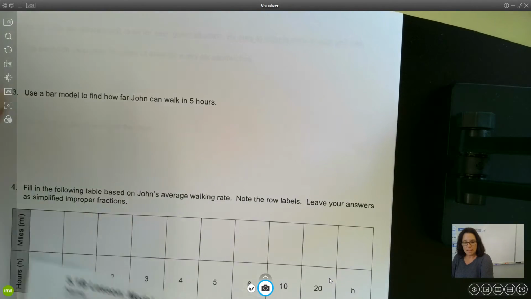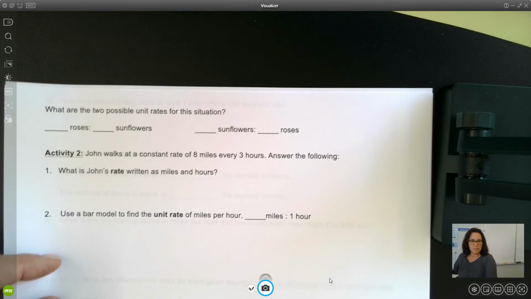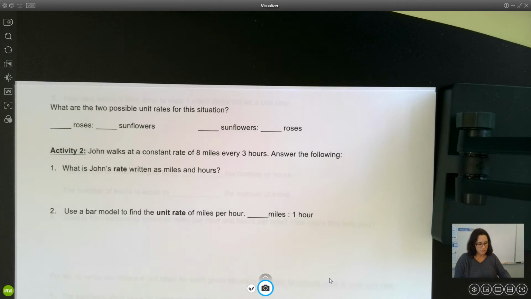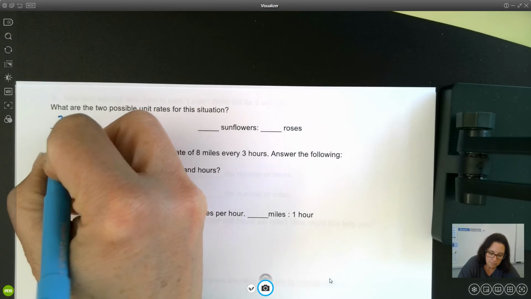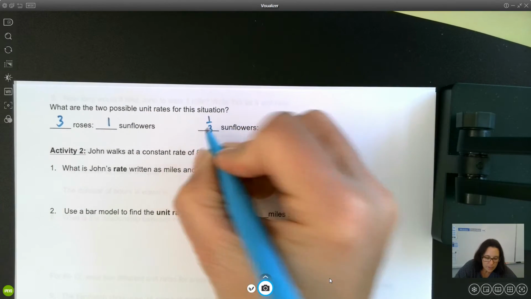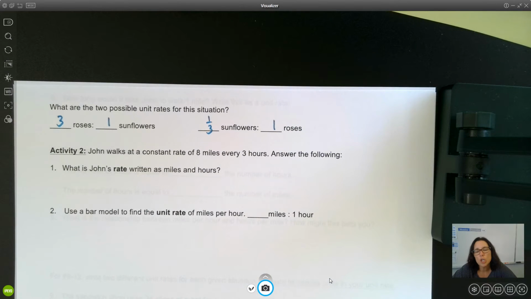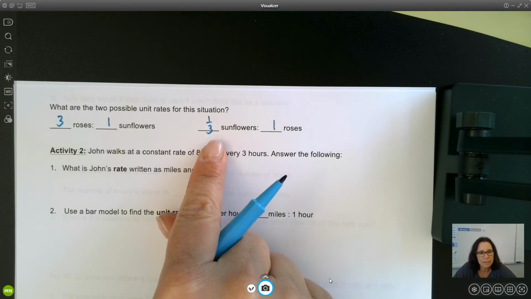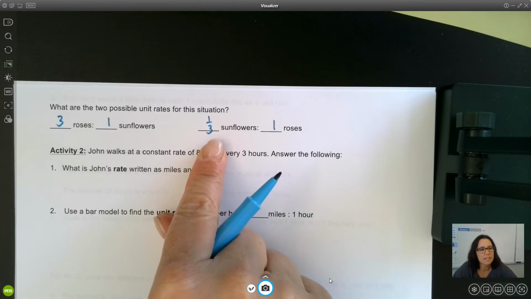So to fill in the 2 possible unit rates for the situation, we're going to fill in 3 roses for 1 sunflower and 1/3 of a sunflower for 1 rose. Usually one of them makes more sense than the other. Obviously, this one makes more sense because we don't really want to think of cutting the sunflower in thirds, right?